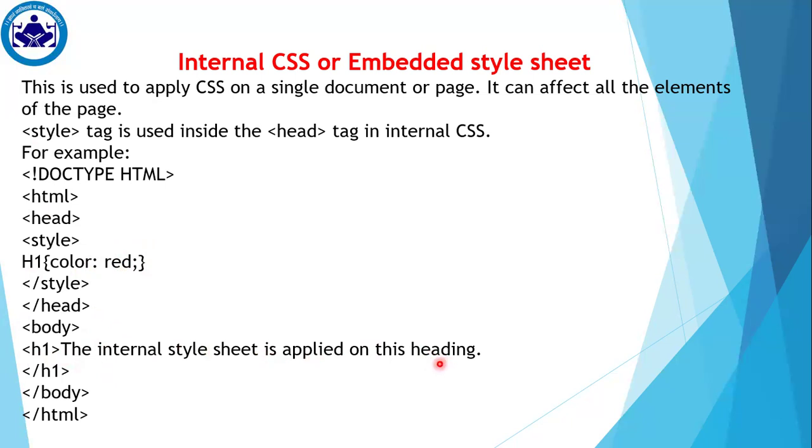This heading will have the text color as red. Further, whenever we use the H1 tag in the same HTML document, all the H1 tags will have the same text color, that is red. So here we are using the style once and we can apply the style many times in the same web page.